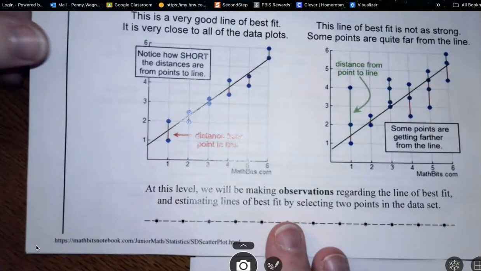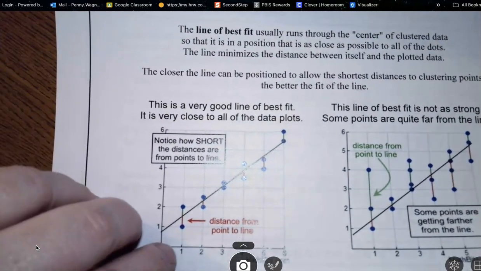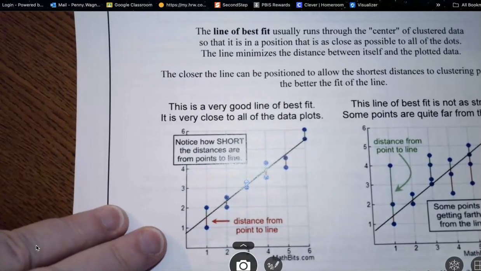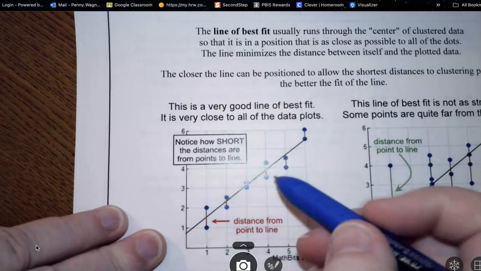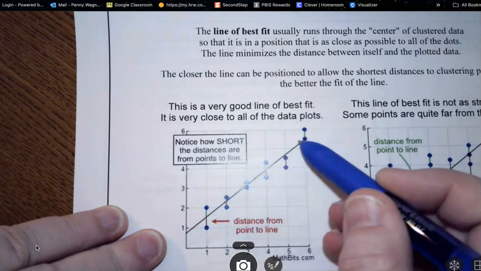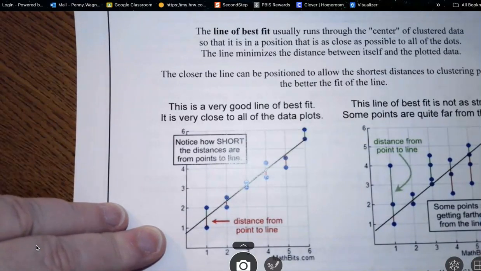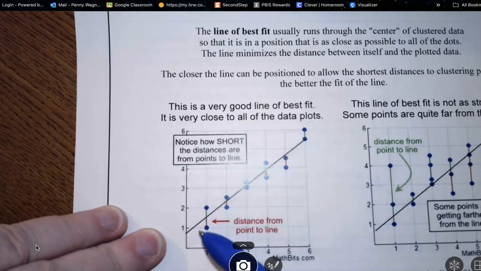Then we're going to take a look at a few examples that we have. Okay. So we have a line of best fit on this one. You'll notice how short the distances are from the points to the line. Because it's short and close to the line, we consider this to be a very good line of best fit. It is fairly centered in the data.